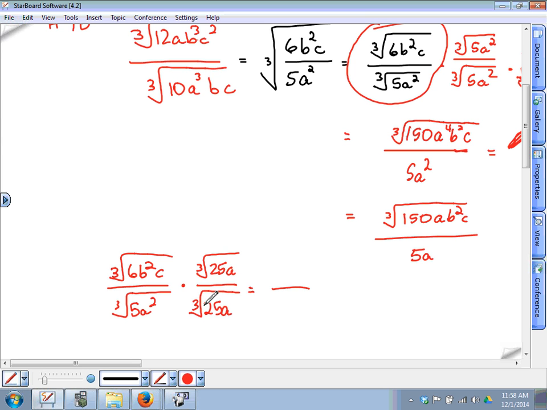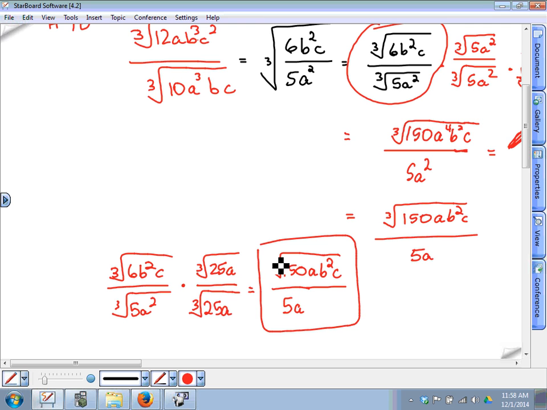So then all we would have left on the bottom of this is 5a. And on the top, if you have 6 times 25, is 150, times a b squared c. Same answer, quite a few less steps.